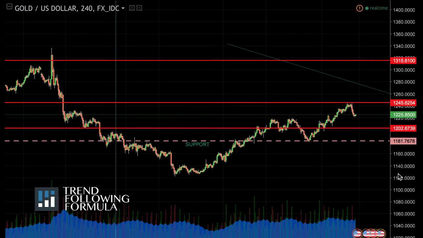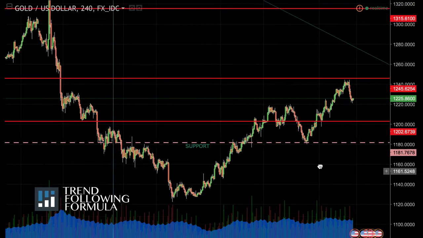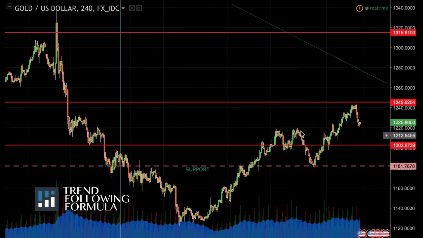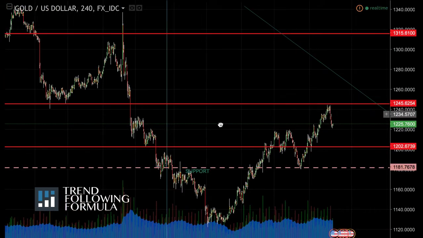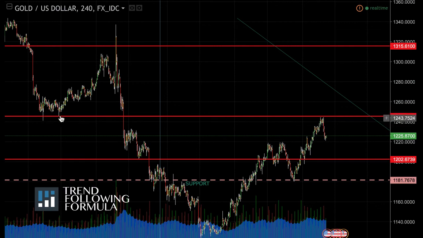Because if you predict a reversal in that area, just predicting a reversal, the question is where is your target?